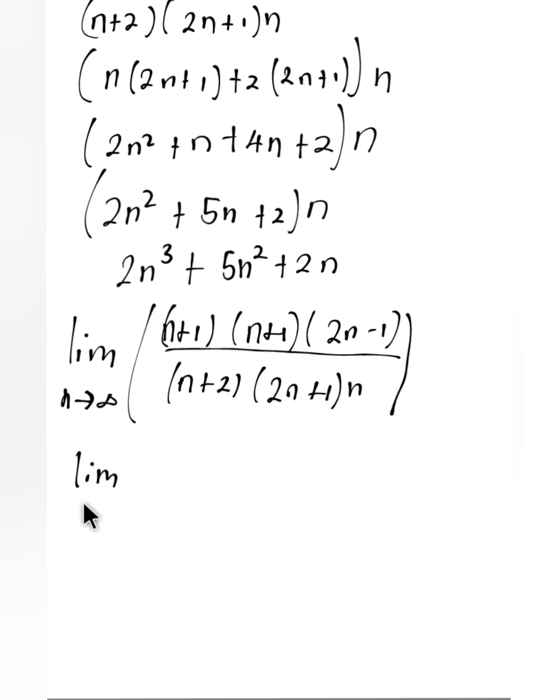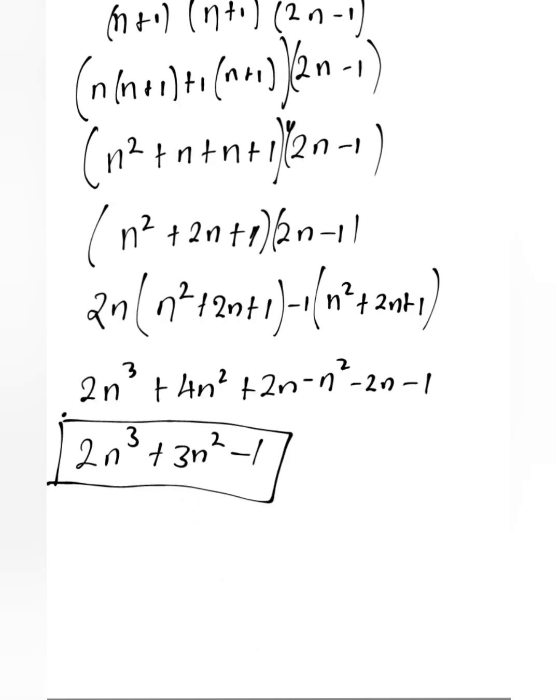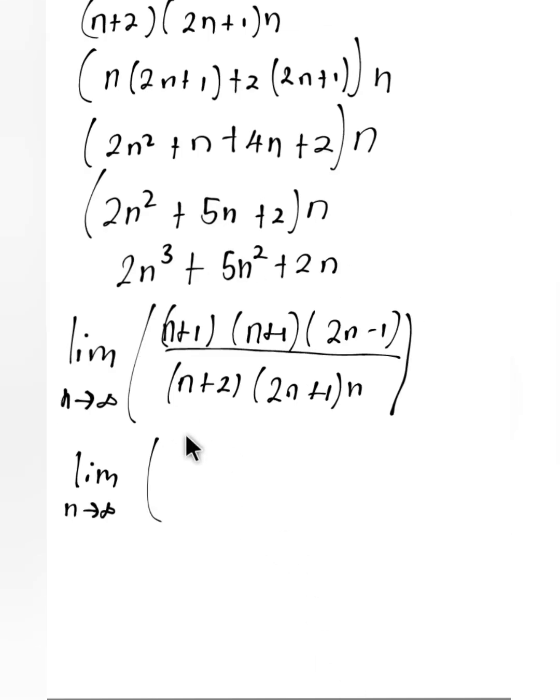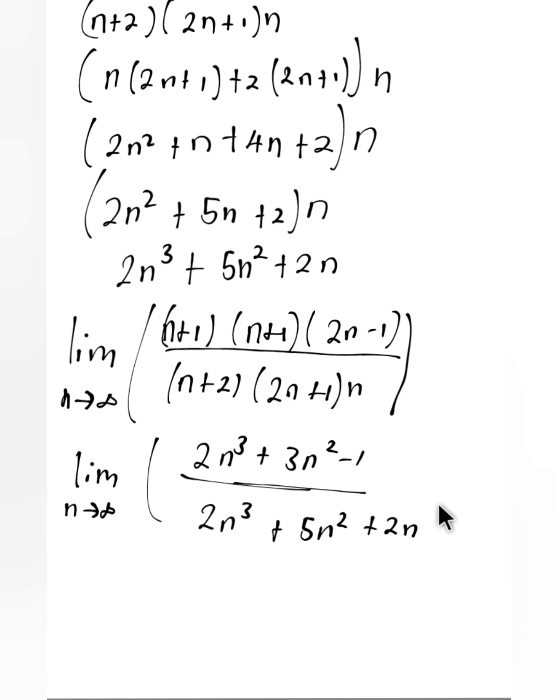So we have the limit as n tends to infinity of, for the numerator, this expression 2n cubed plus 3n squared minus 1. So let's write it there, 2n raised to the power 3 plus 3n squared minus 1. While for the denominator, we have this expression here, which is 2n cubed plus 5n squared plus 2n.